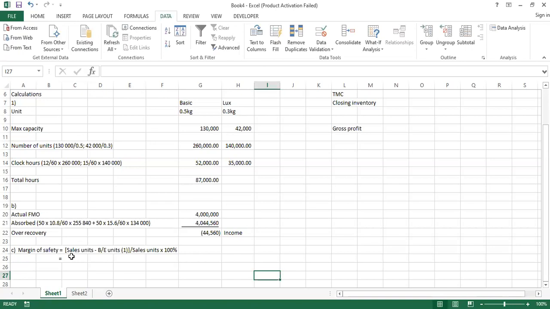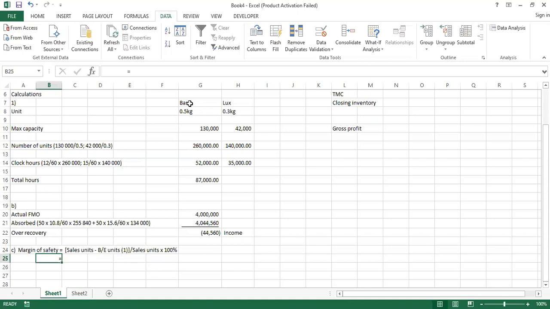So please remember, we are dealing with budgeted information. This helps you plan as a manager, right? It helps you do your planning. So don't ever waste your time looking at actual information. Just deal with the budgeted.